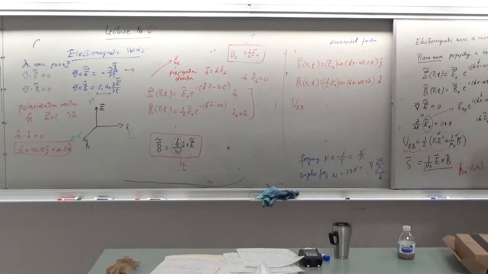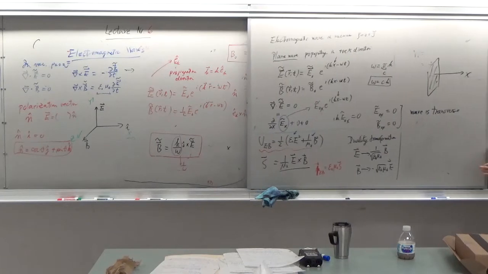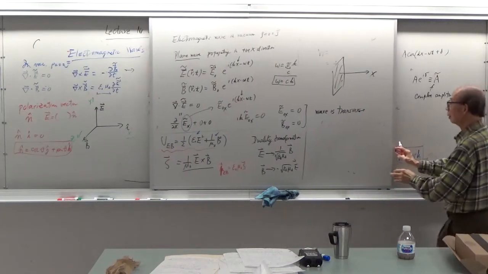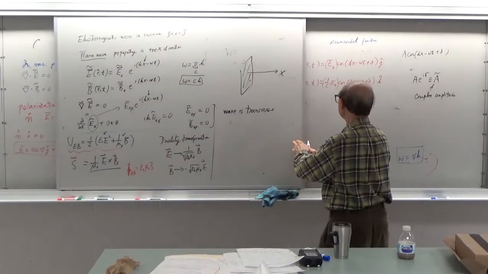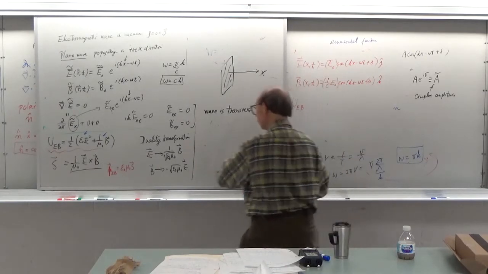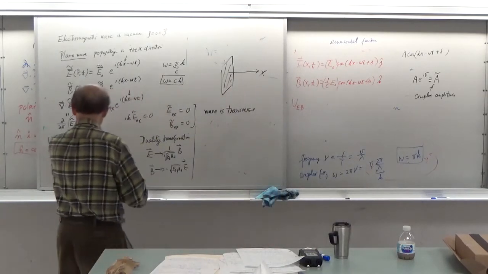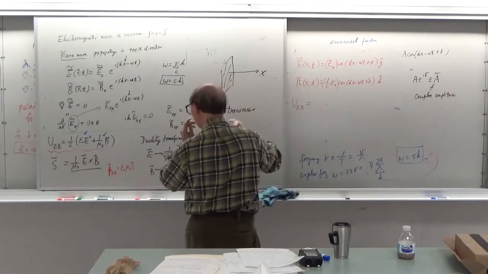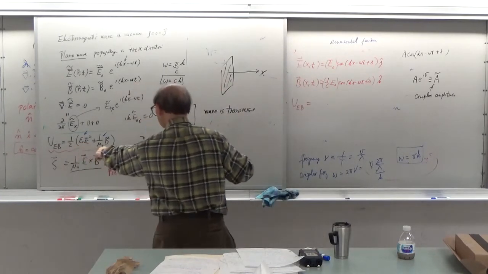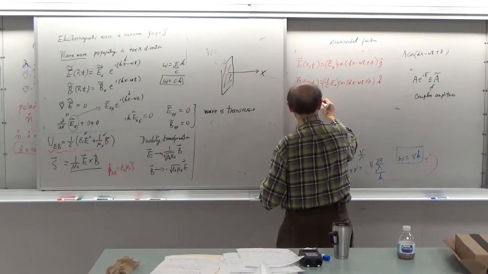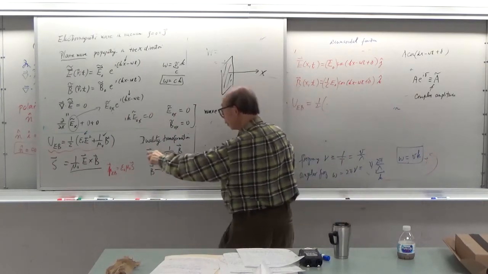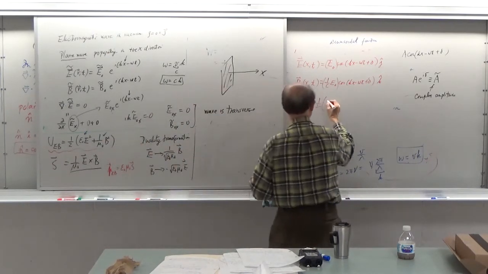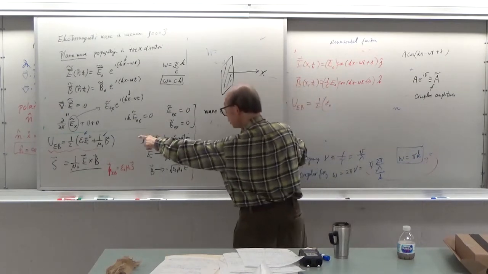I want to put it here, otherwise you cannot see. Take this. So the energy density for this wave is given by 1/2 epsilon naught E square.